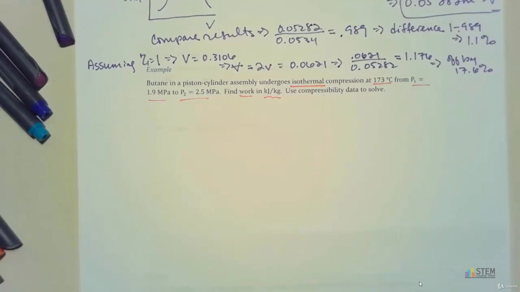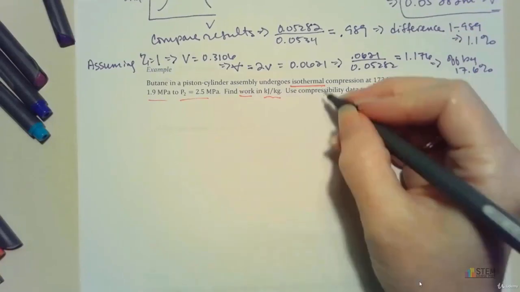Now, first things first here. What does isothermal mean? What do y'all think that's telling us? Think about what an isobar was. That was constant pressure. And isothermal then would probably be where the temperature stays constant.